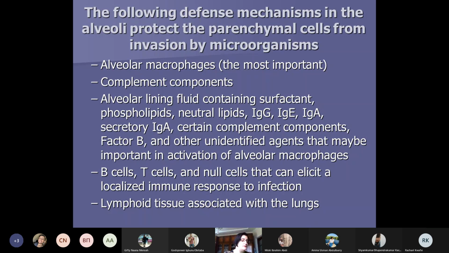The invader can also at this time leave the lungs and get into the general circulation. This is probably why systemic signs of infection, fever, malaise, and myalgia occur during pneumonia.